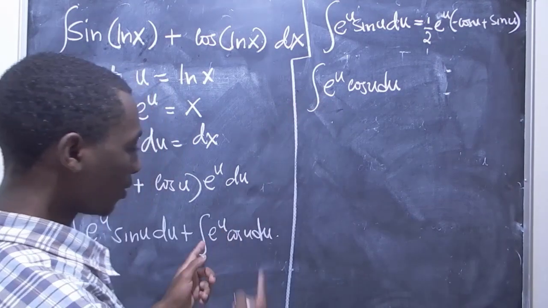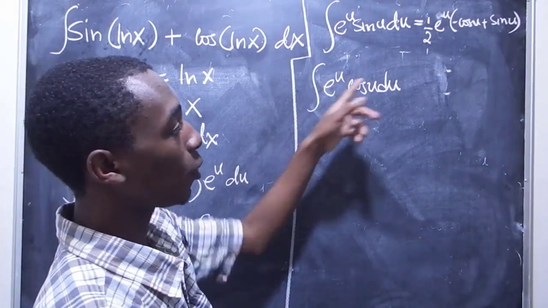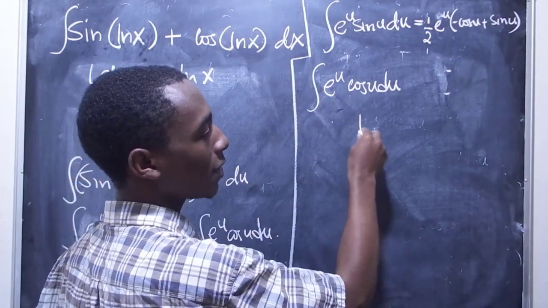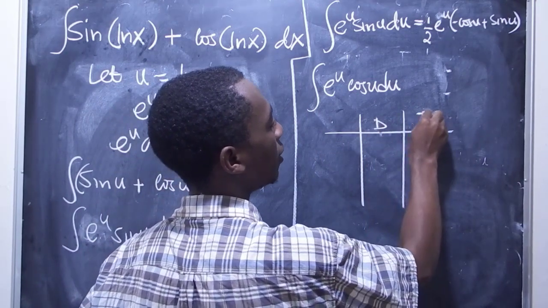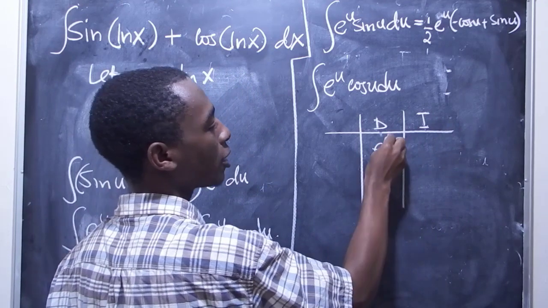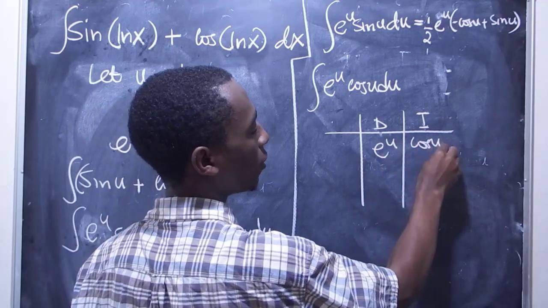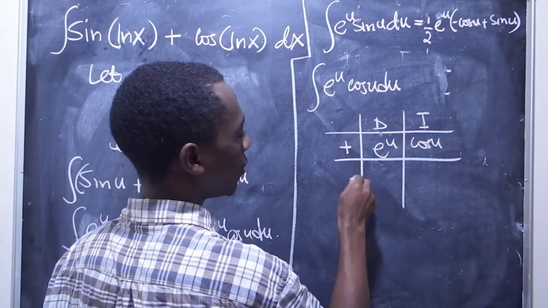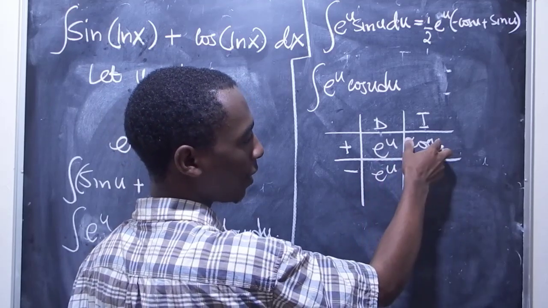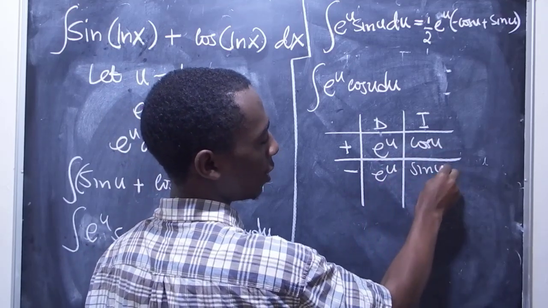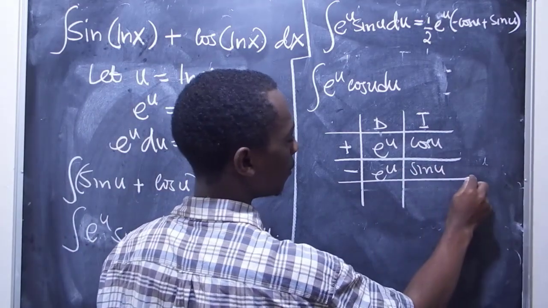Alright, for the second part of the integral, e to the u cos u du, I'll use the same technique. So I have DI, so I'll differentiate e to the u and I'll integrate cos u. If I differentiate e to the u, I get the same thing. If I integrate cos u, I get sine u.